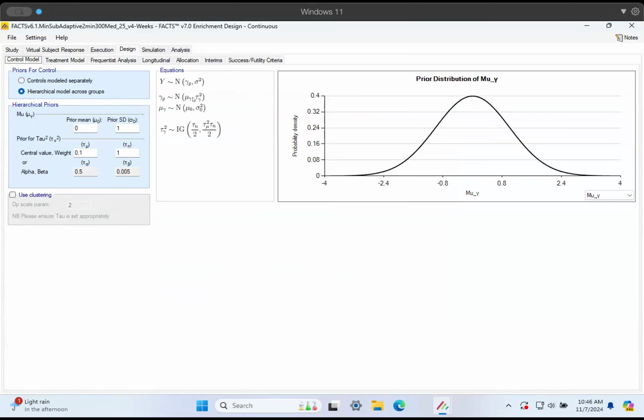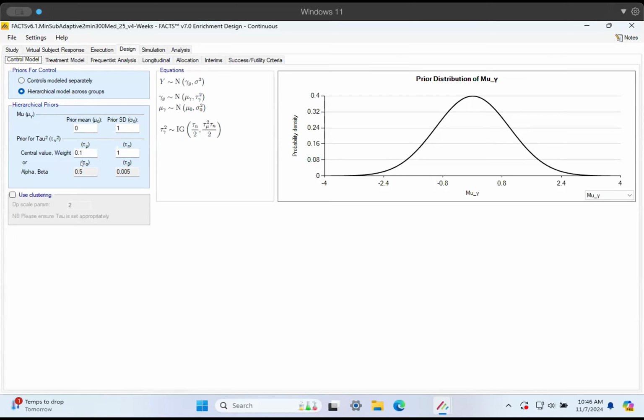The prior on tau here is going to dictate how much information you borrow. So closer to pooling, closer to independent assessment, that's all set through this tau squared parameter, which has an inverse gamma prior on it. We can come over here to set our priors.